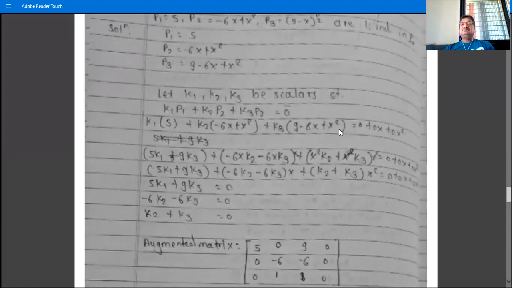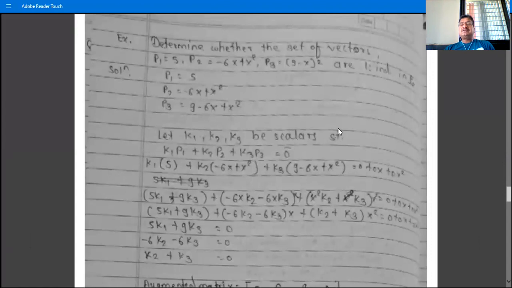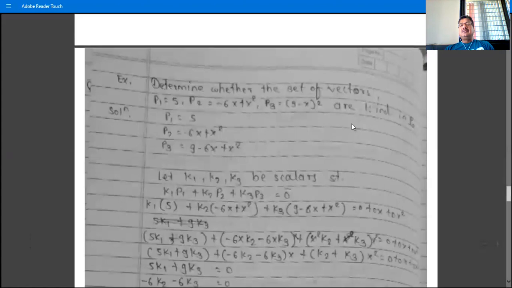That is, either the vector space is a vector space of polynomials, or of matrices, or of functions.